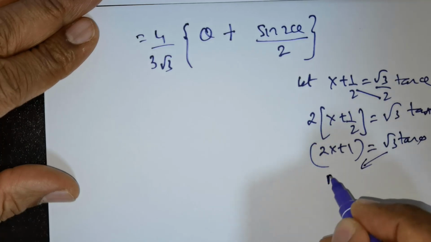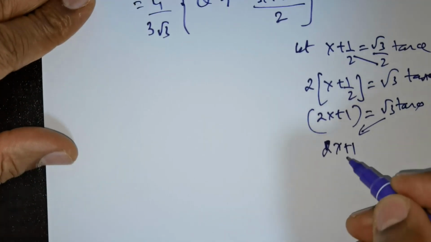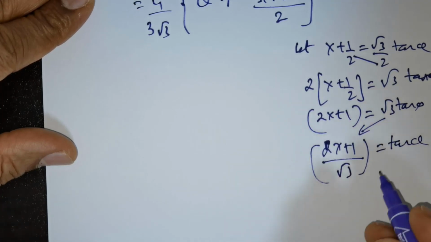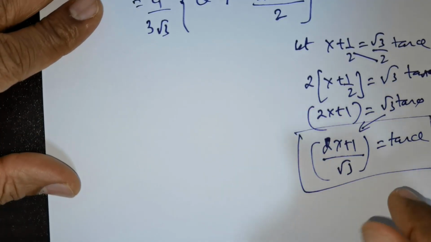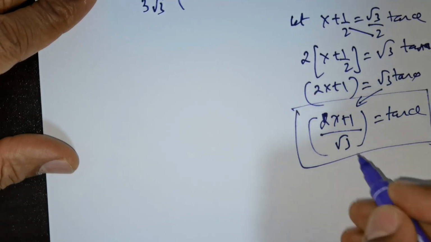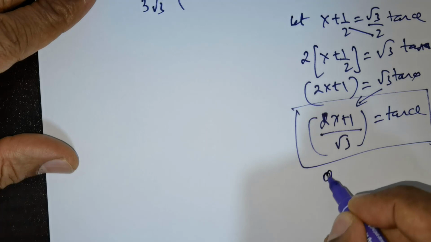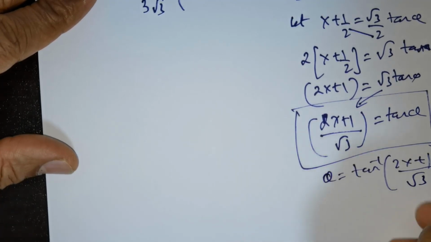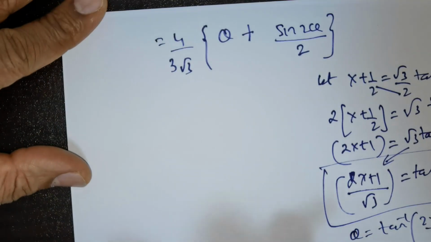Bring this root 3 down, so you get (2x + 1) divided by root of 3 is equal to tan theta. So this is a very important value for tan theta. Just have it in one corner. Now we need theta, so therefore from here theta is equal to tan inverse of (2x + 1) divided by root 3. So I can take this value and substitute it here.